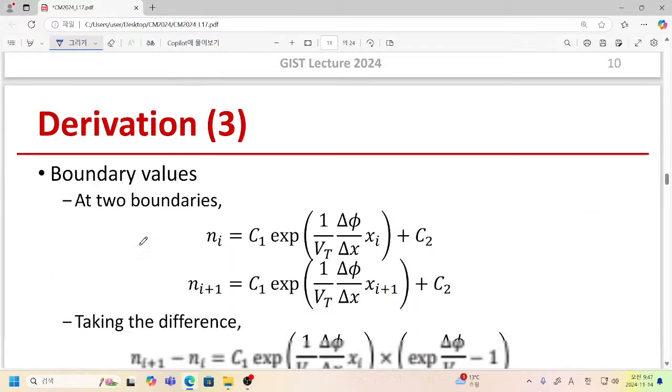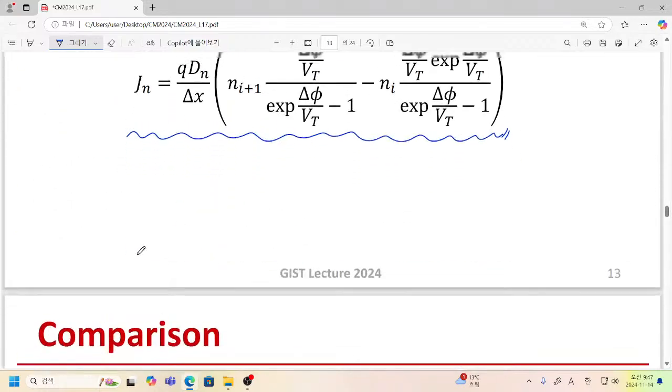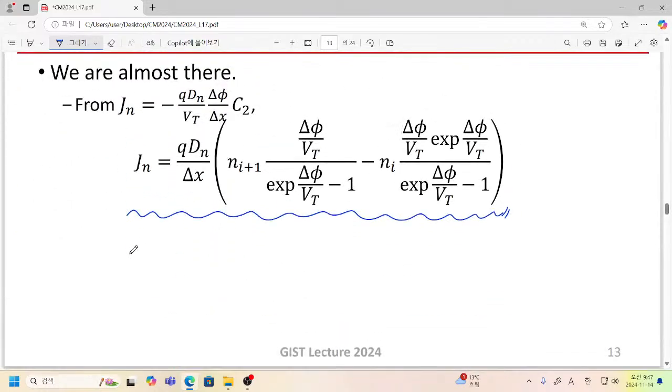So let's have a look once again. This is the form. Here we have a quantity Q, and Dn. What is Dn? Dn is the diffusivity, you know it. And delta x is x sub i plus 1 minus x sub i, you know it. They are just constants.